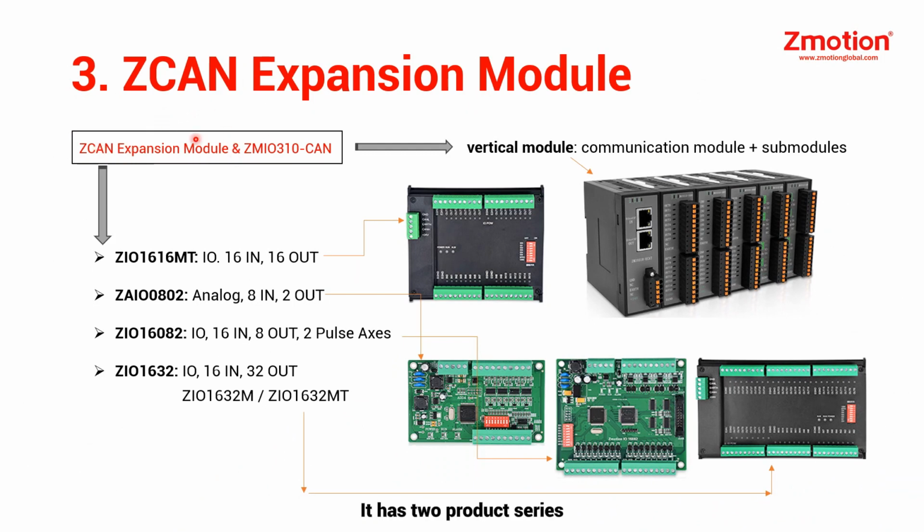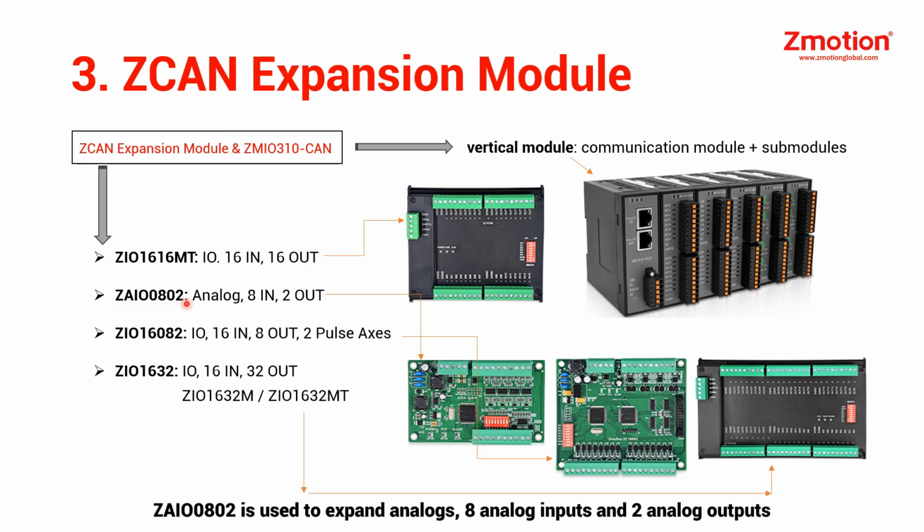It has 2 product series: Z CAN expansion module and ZMIO310 CAN expansion module. Z CAN expansion modules firstly. There are several typical products. ZIO1616MT. It supports 16 inputs and 16 outputs of NPN type.